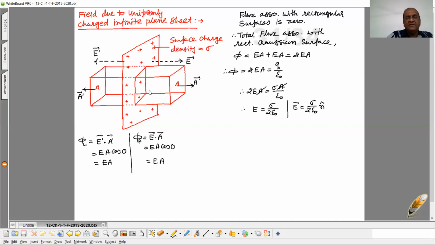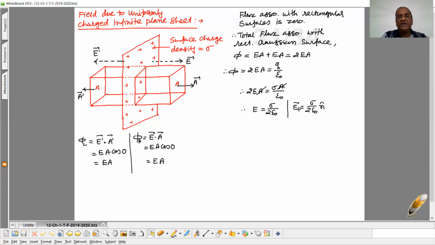So here charge per unit area is sigma. So charge on area A, how much is that? That is sigma into A. So we can write 2 E A equal to, now Q replaced by sigma into A upon epsilon 0, A cancelled. So electric field is sigma upon 2 epsilon 0, and here you can observe that at any point the electric field is constant.